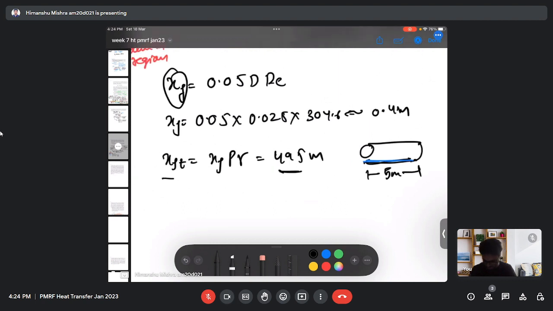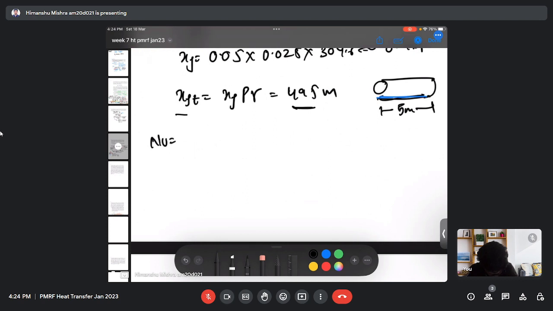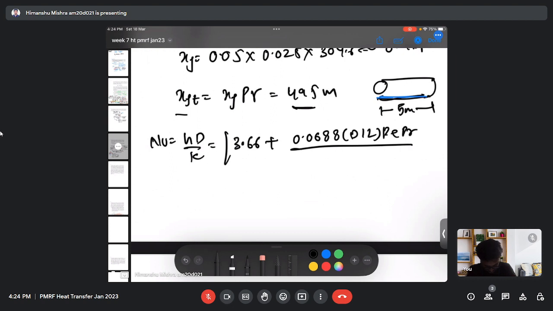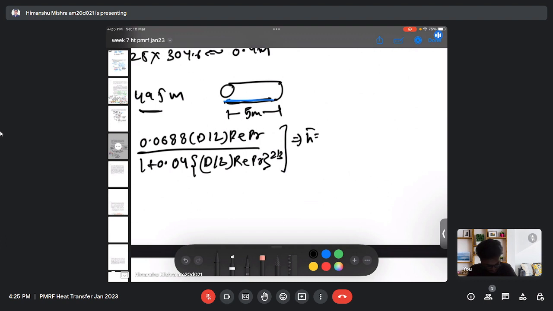So for that, my Nusselt number relation will be, so this will be my Nusselt number relation, and we can find the heat transfer coefficient. We just need to plug the values here.